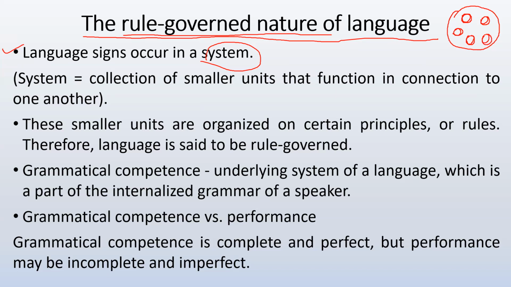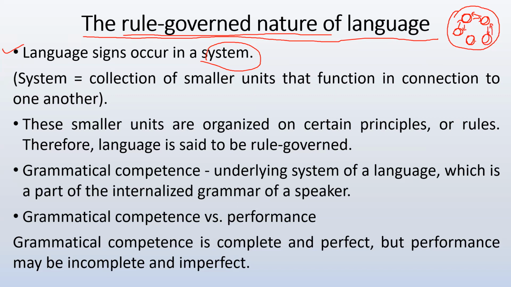So for us to identify this as a system, what should be there? These smaller units function in connection to one another, right? All these smaller units are related to one another. They are not functioning in isolation. That is the point.